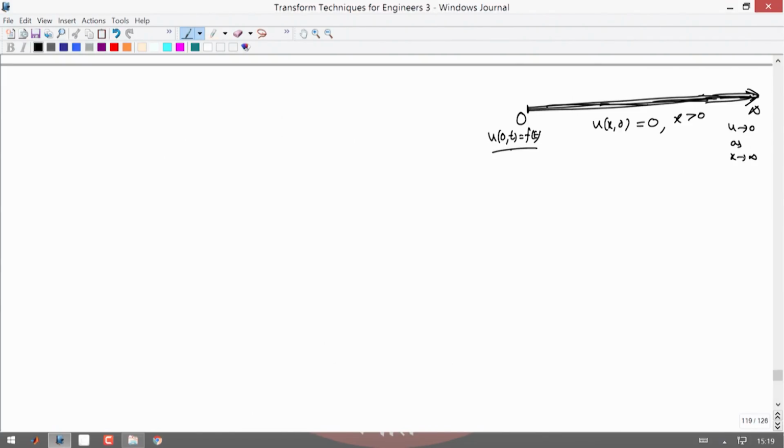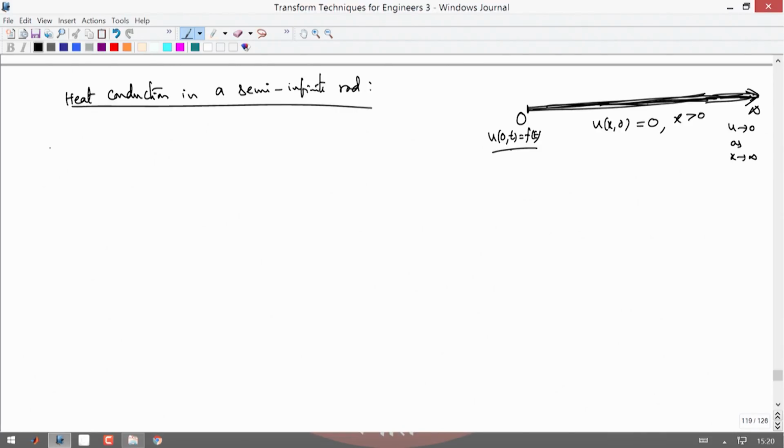So, these are the boundary conditions for the heat equation, because the temperature in a rod is modeled by the heat equation. So, if I write mathematically a problem of heat conduction in a semi-infinite rod, let us say.